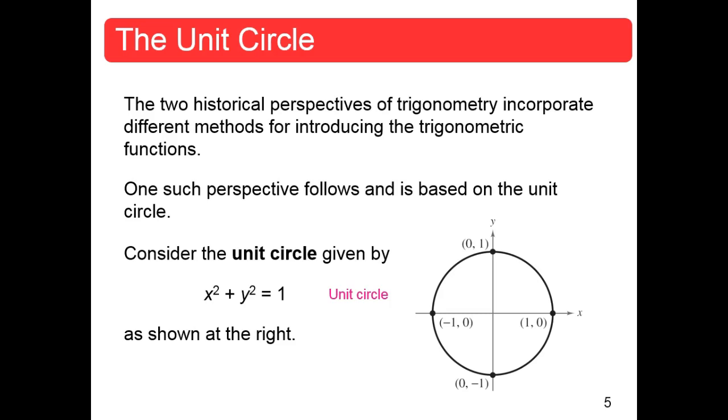Two historical perspectives of trigonometry incorporate different methods for introducing trigonometric functions. Back when I was, believe it or not, in high school, that was just a millennium or so ago, so it was in the last millennium, we started off with triangles, and that made perfect sense to me.